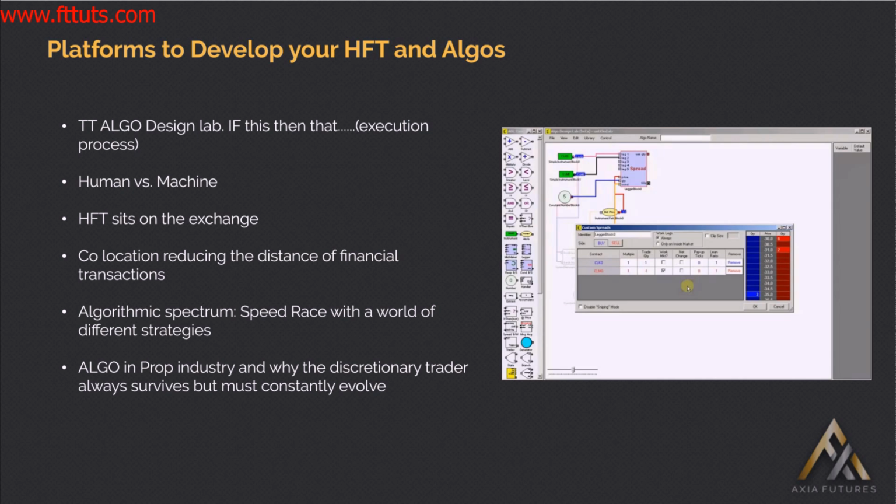And again, regarding algorithms in the prop industry, it's important to understand that the discretionary trader will always survive, but must constantly evolve. Algorithms are only as good as long as they're evolving, because the markets are always evolving.